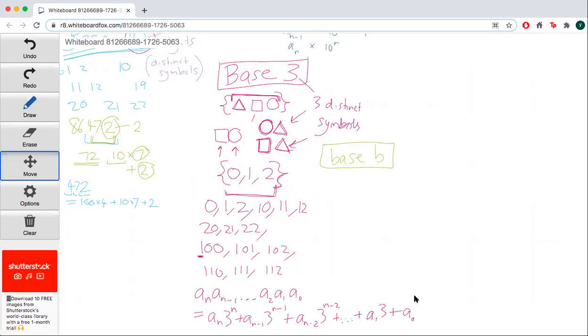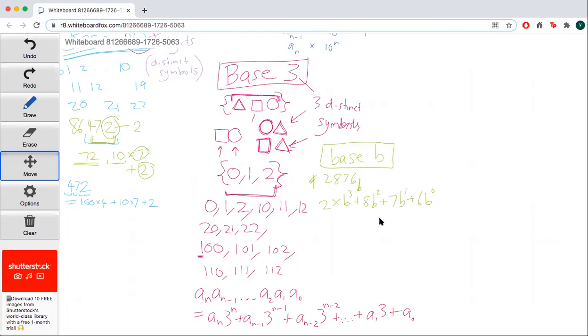If I'm going to look at the number 2876 in base B, then what that means is that I've got 2 lots of B to the 3, 8 lots of B to the 2, 7 lots of B to the 1, and then 6 lots of B to the 0.